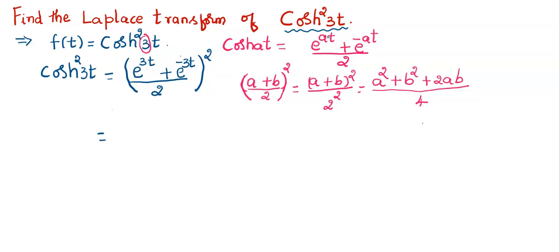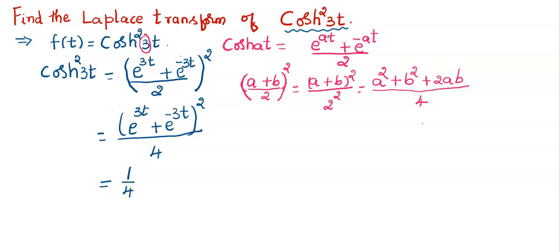Okay. So, let me write e to the power of 3t plus e to the power of minus 3t whole square divided by 2 square, which is 4. So the a plus b whole square expansion we have written. Here you have to replace a by 3t and b by minus 3t. So let me expand it.